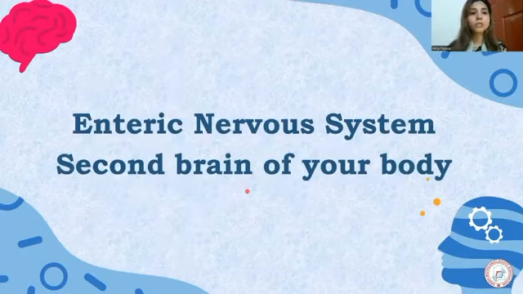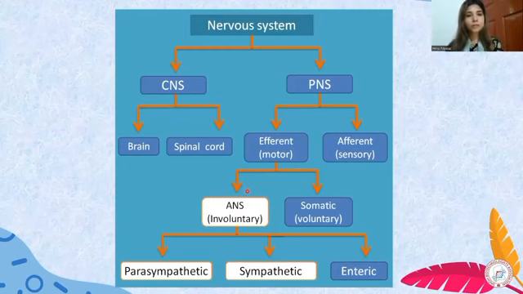Now we are going to discuss the second brain of your body, known as the enteric nervous system. In this slide, I have described the classification of your nervous system. Basically, it is divided into the central nervous system and the peripheral nervous system. The central nervous system comprises the brain and spinal cord, and the peripheral nervous system comprises the efferent and afferent systems.